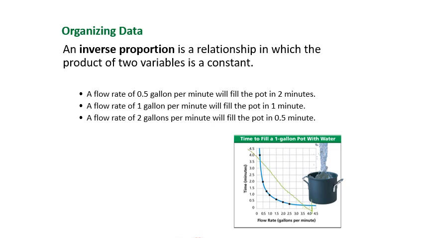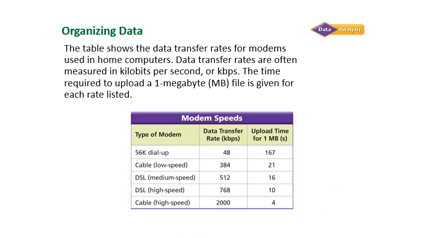It goes down, okay? And that is called an inverse proportion. So as one variable increases, the other one decreases, which is opposite of what we just saw on the other one, direct proportion.